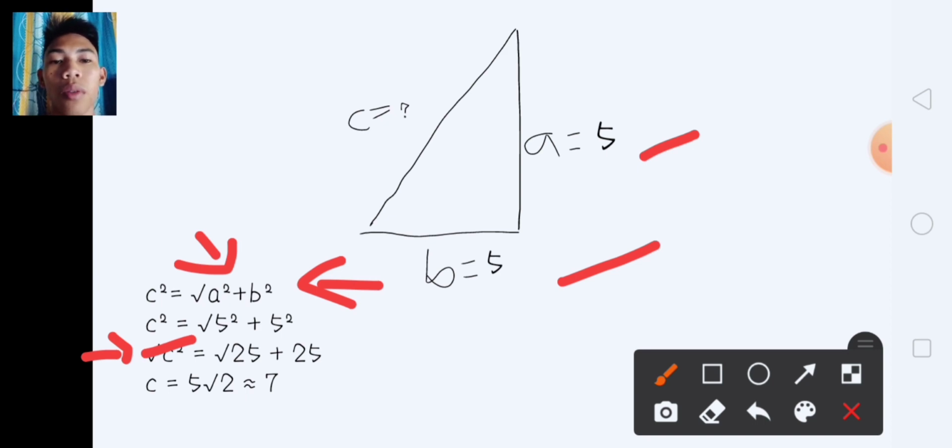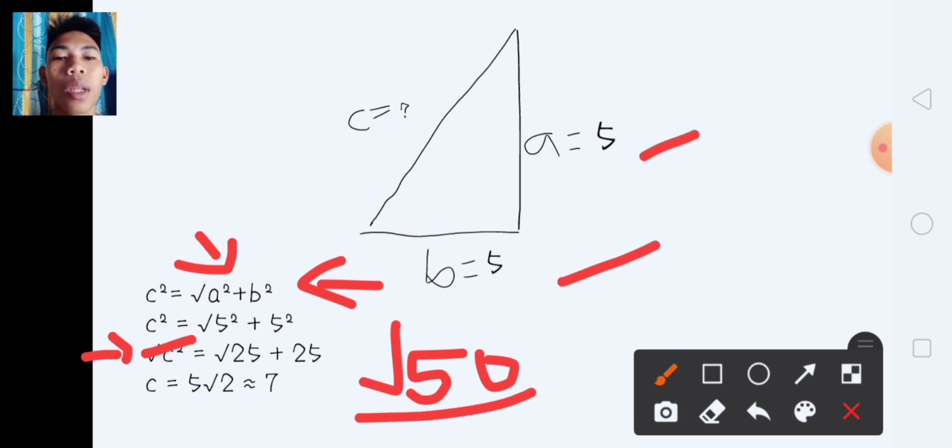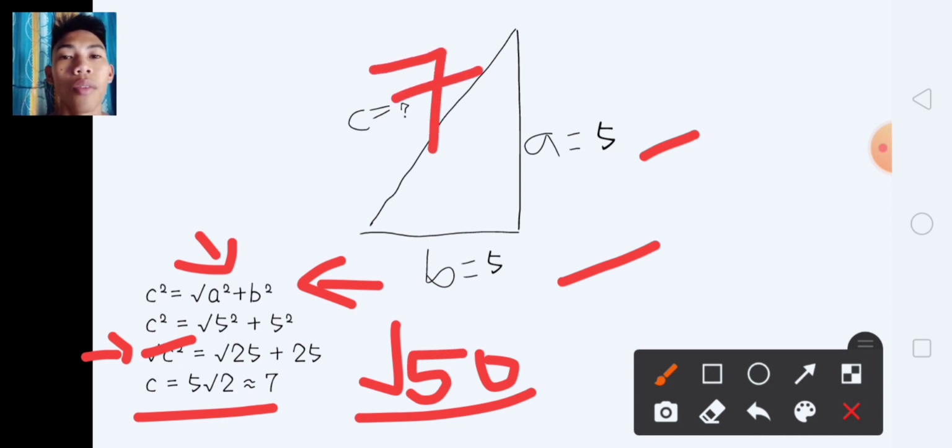It is equal to the square root of 25 plus 25, which is the square root of 50. So the square root of 50 is, we have here, 5 times the square root of 2, or approximately 7. So our C is equal to 7.